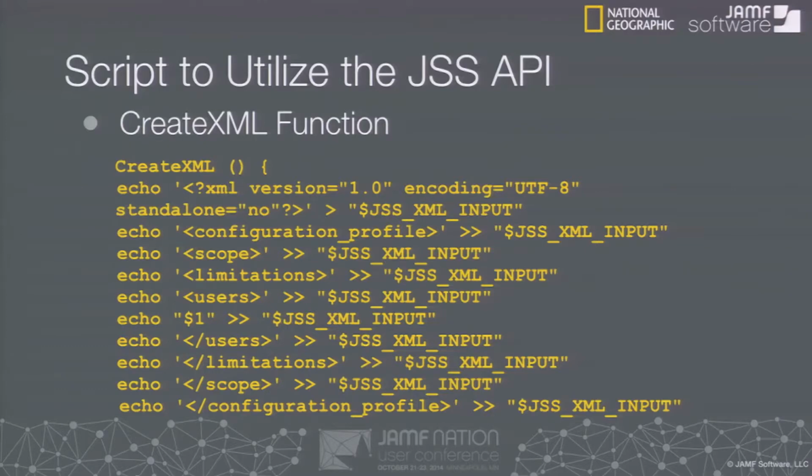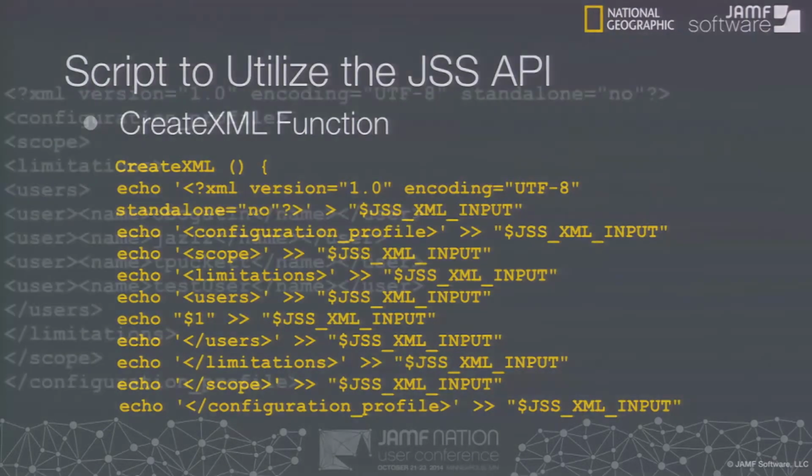So this is using what we saw initially, we're rebuilding that, and then our $1 down here is the new list of users that we passed into the function, and then our closing XML for the file.